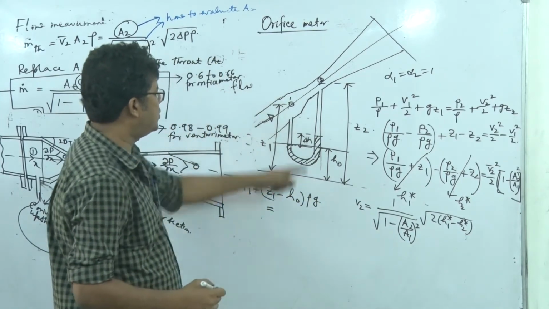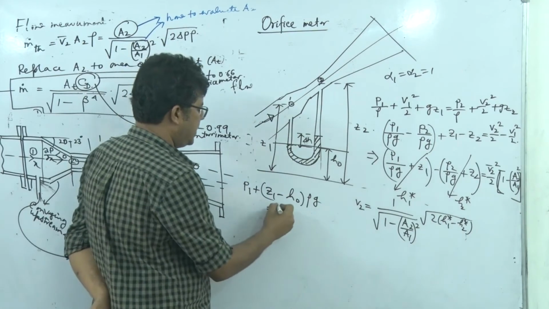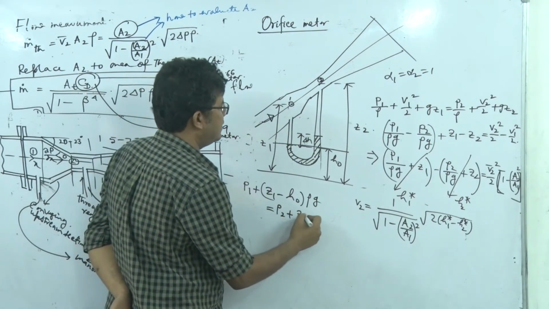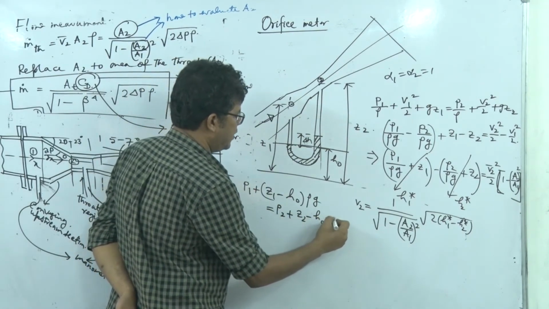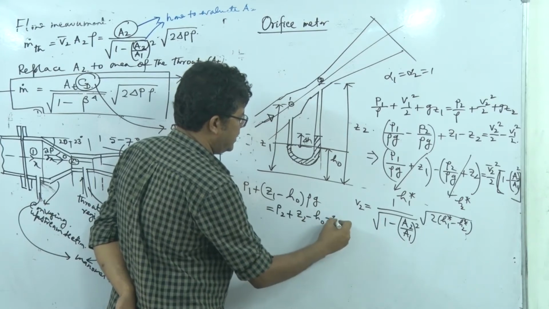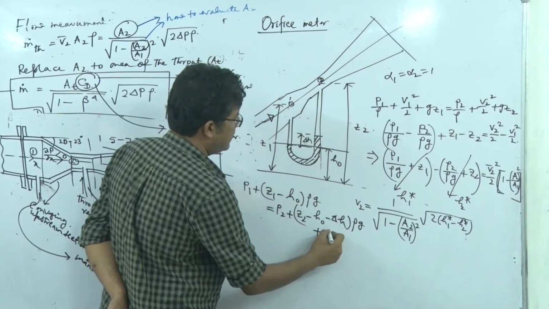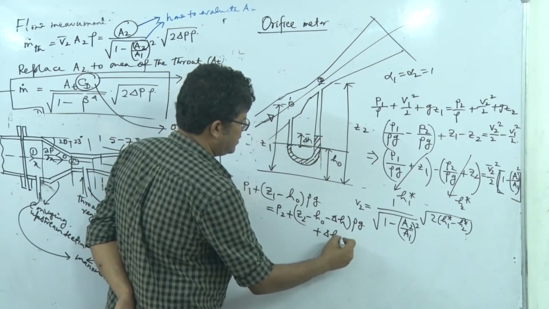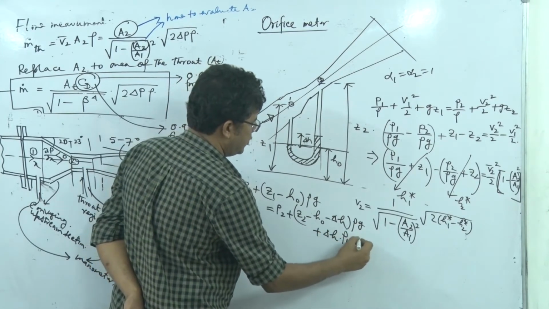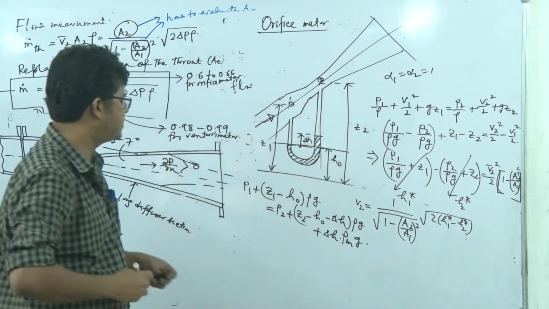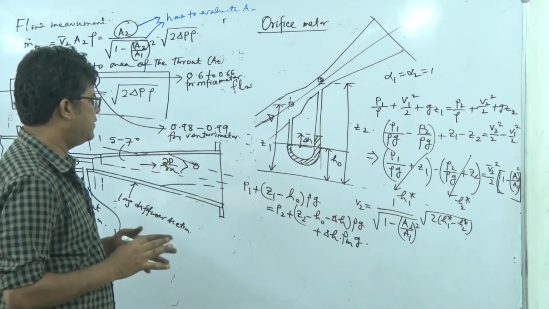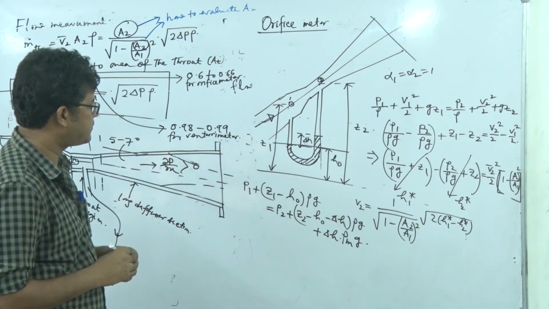And that's equal to P2 plus Z2 minus H0 minus this delta H into rho into g plus this delta H into rho m into g.